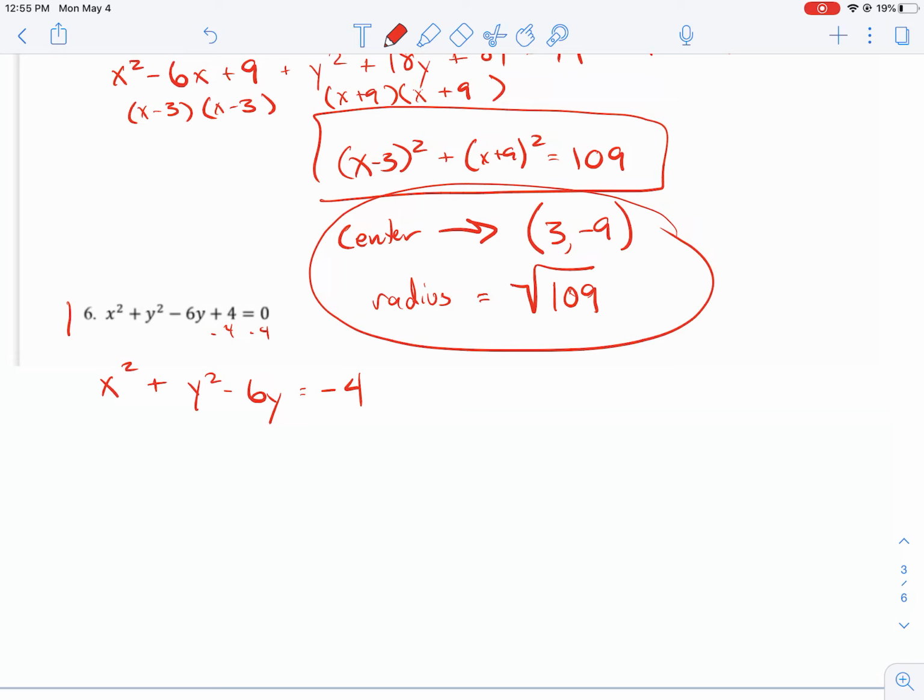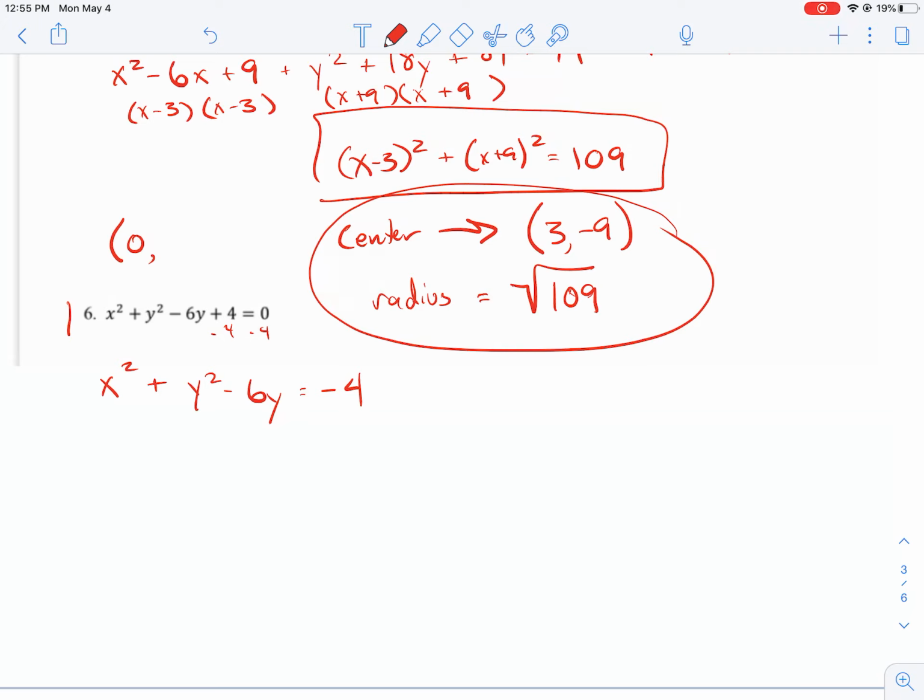So that should tell you immediately that the point associated with the x values, your point for your x, is going to be 0. All right, because we don't see anything associated with our x value, but we do see some associated with our y. We got y squared minus 6y. So we got to figure out what our center is based off the information we got here.